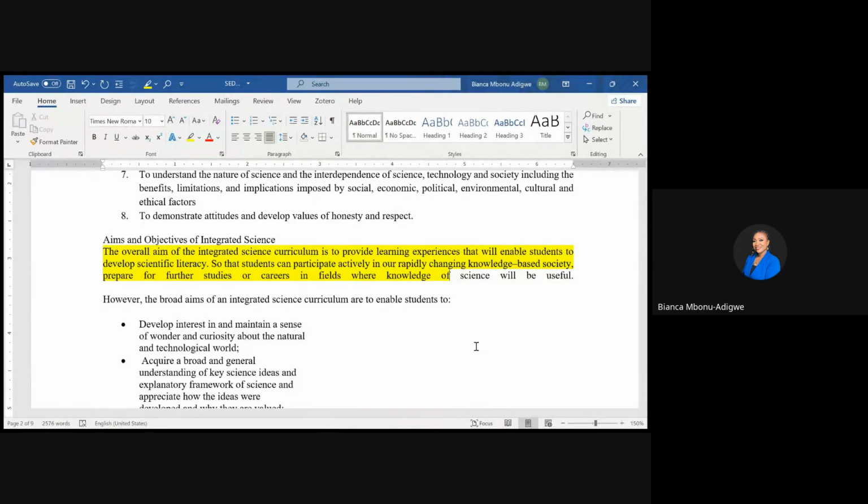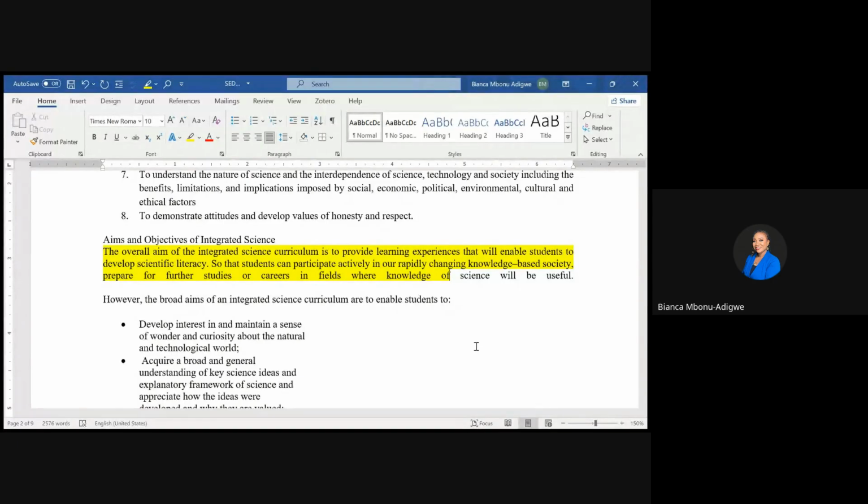It is not the river goddess that is angry with us. This is one of the reasons why we teach integrated science from that tiny age. Let them know that there are some things that they are doing that are scientific in nature, and not really all about superstitions and myths.